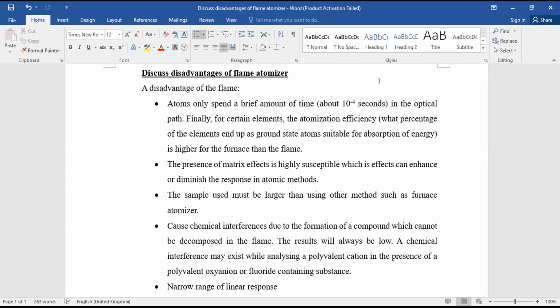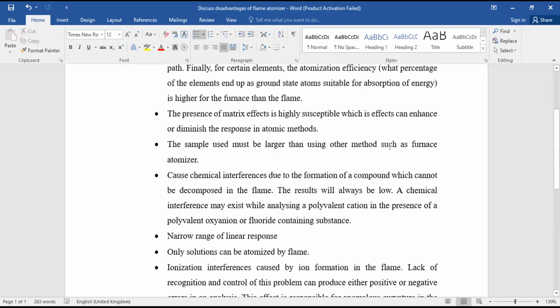So for certain elements, the atomization efficiency, which is what percentage of elements end up as ground state atoms suitable for absorption of energy, is higher if you use a furnace than flame because of the issue above. Second, the presence of matrix effect is highly susceptible, which is an effect that can enhance or diminish the response in using the atomic method.